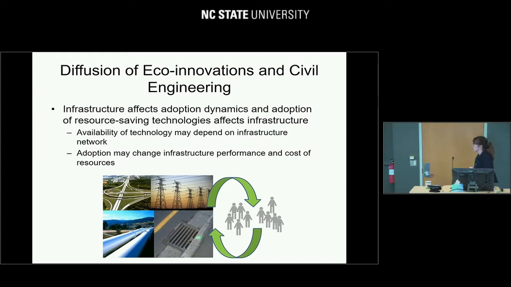All of these infrastructure systems are connected to natural resource consumption. As we start changing the way that we're consuming some natural resource, that affects the infrastructure system. So once we start seeing widespread adoption, that can cycle back and affect the infrastructure itself.